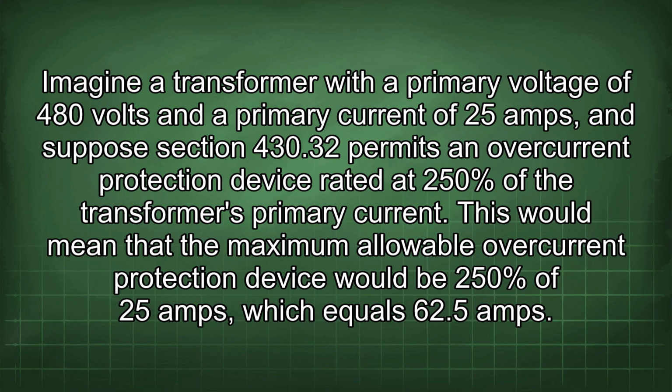Imagine a transformer with a primary voltage of 480 volts and a primary current of 25 amps, and suppose Section 430.32 permits an overcurrent protection device rated at 250% of the transformer's primary current. This would mean that the maximum allowable overcurrent protection device would be 250% of 25 amps, which equals 62.5 amps.